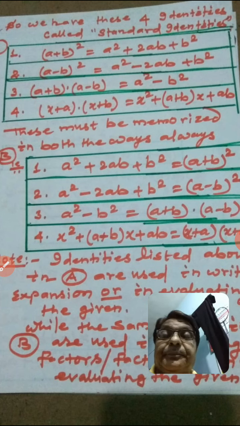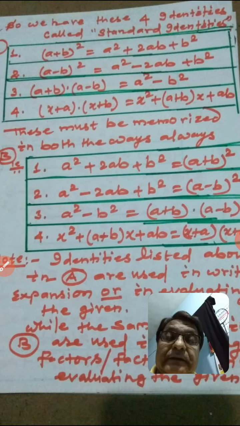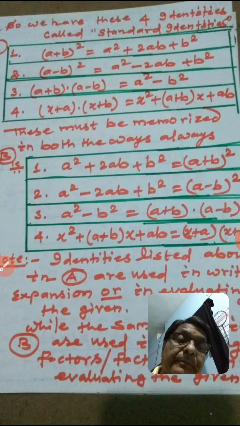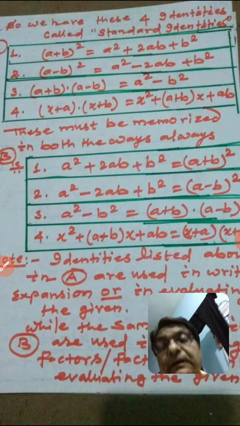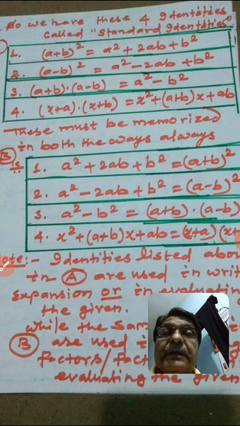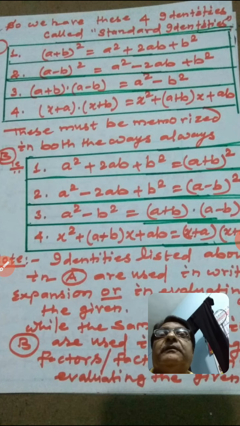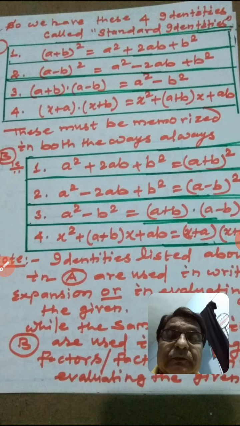Now the other way: in section B it has been written that if we reverse these identities, bringing their RHS into LHS and LHS in the place of RHS, then they are like this: a square plus 2ab plus b square is equal to a plus b whole square.